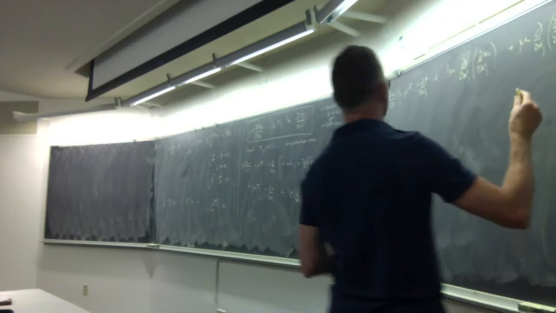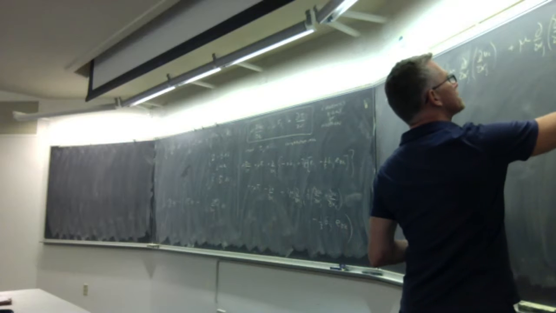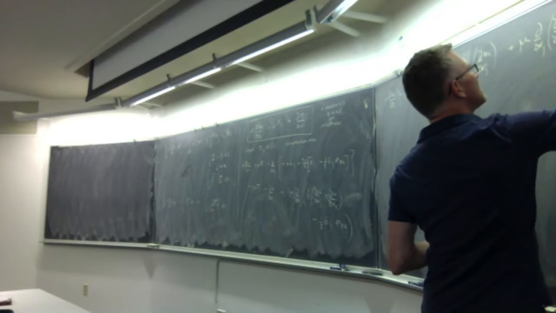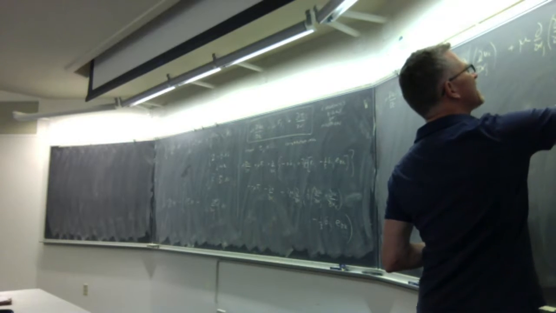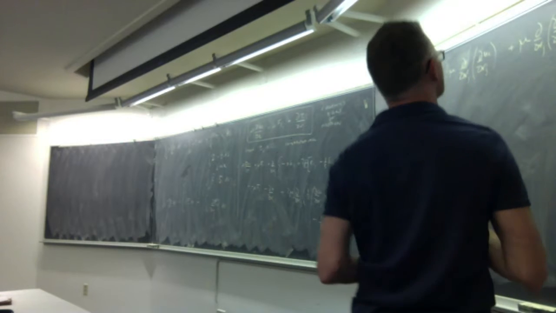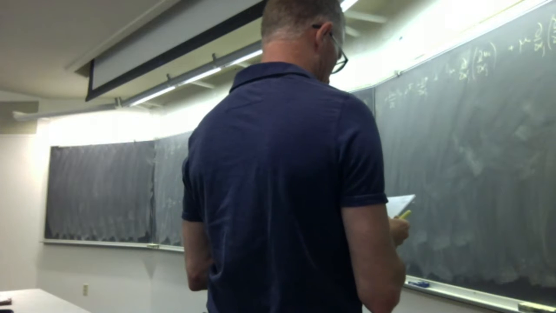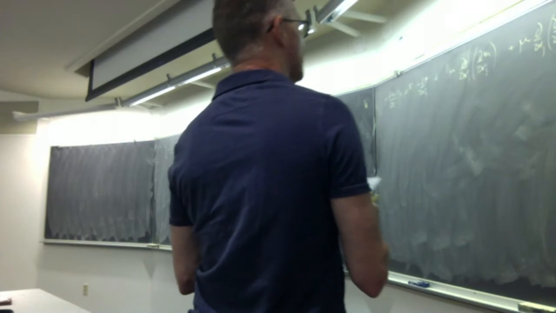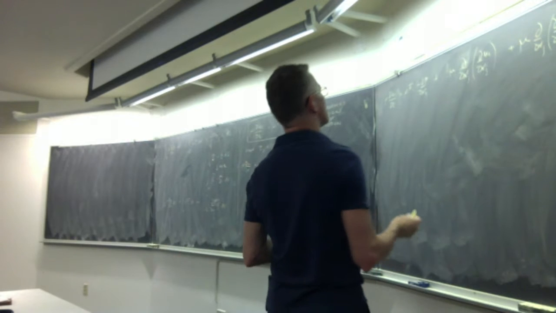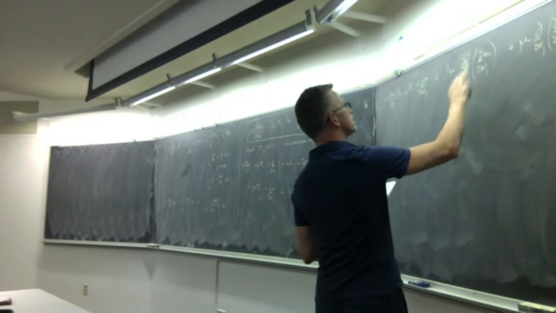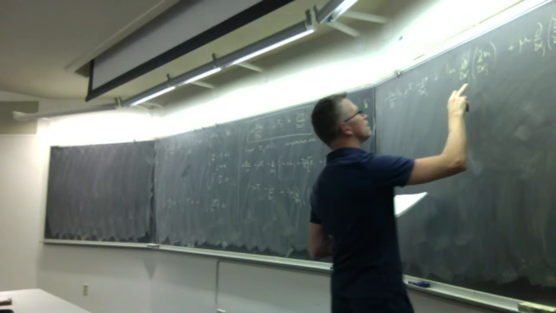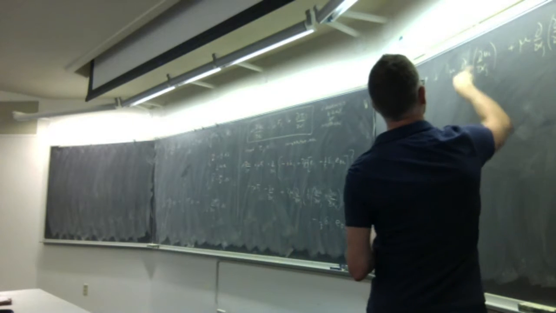And I still have minus a third delta ij ekk. I'm just leaving that alone for right now. Okay, that's good. Now, so this one is good. I'm actually going to leave this as this, right? This looks like a d by dxj, d by dxj.